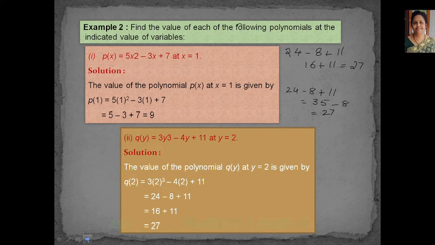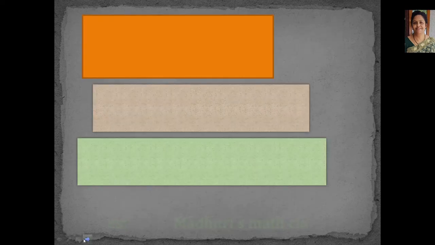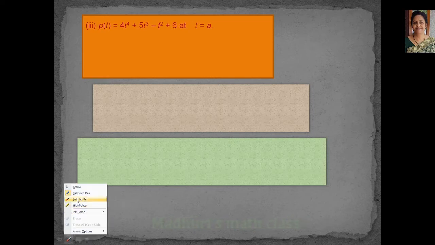Now, next one. p(t) is equal to 4t raised to 4 plus 5t cube minus t squared plus 6 at t is equal to a. So in the place of t, we will write a.